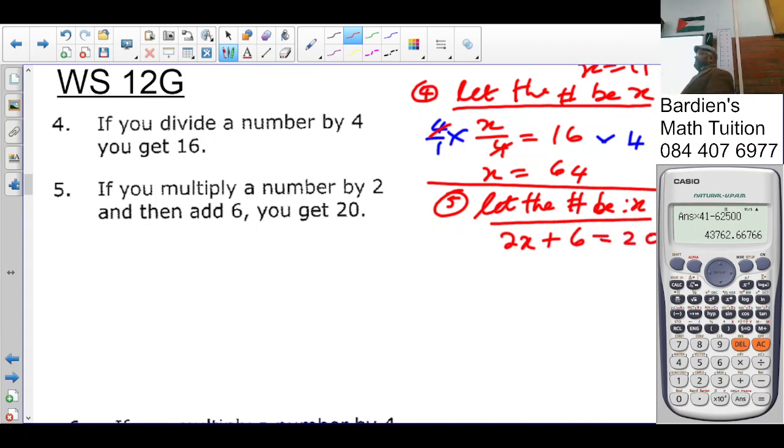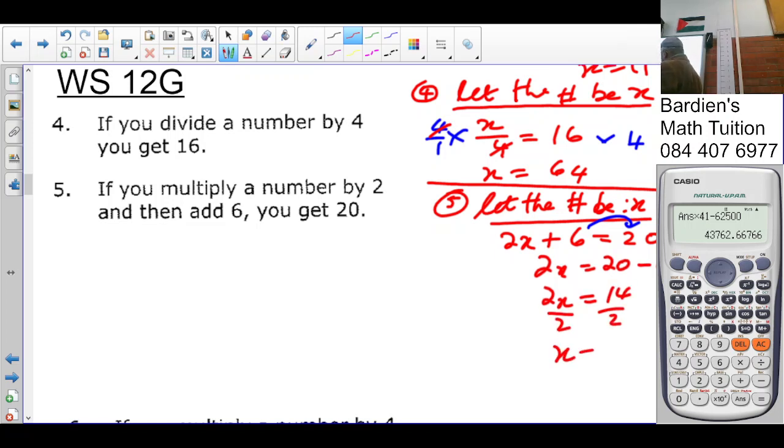You see how I constructed that one now? Solve the equation. Take it over. It becomes 2x is equal to 20 minus 6. What's 20 minus 6? 14. Divided by 2. x is 7.